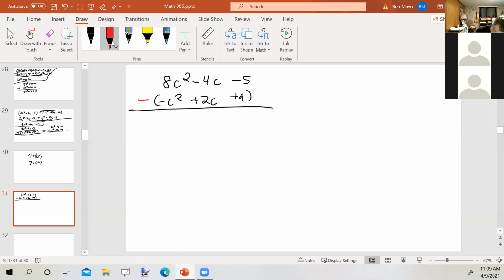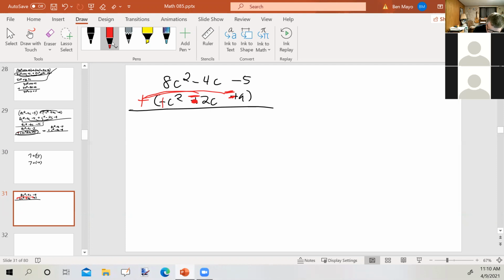So we're going to distribute. Subtracting a negative is like adding a positive. Subtracting a positive is like adding a negative. So basically what I did was I changed subtraction to addition of the opposite. So all the signs inside changed.